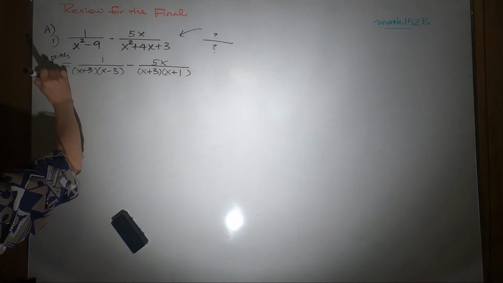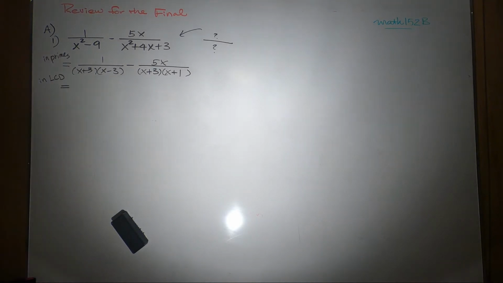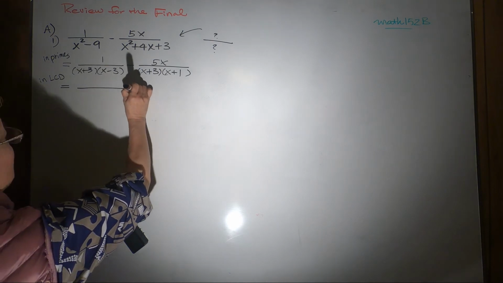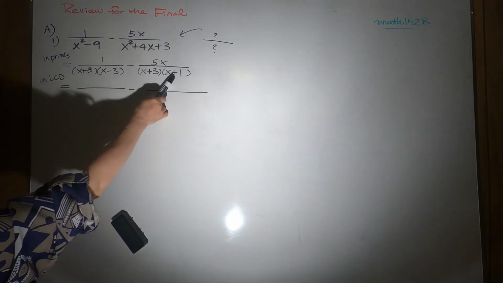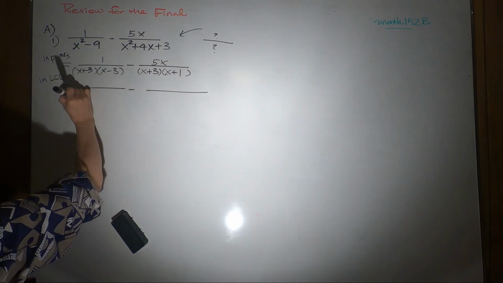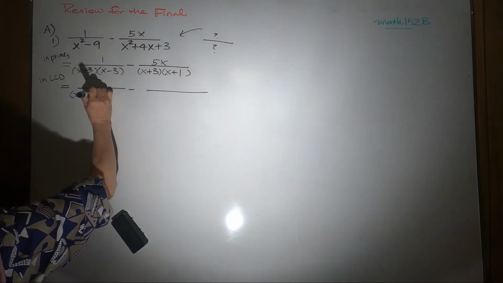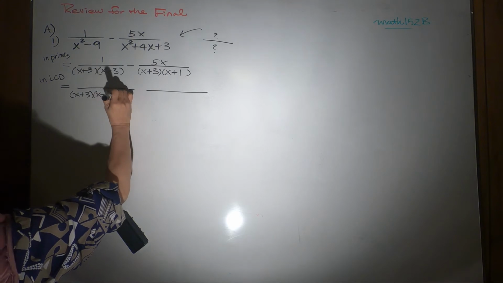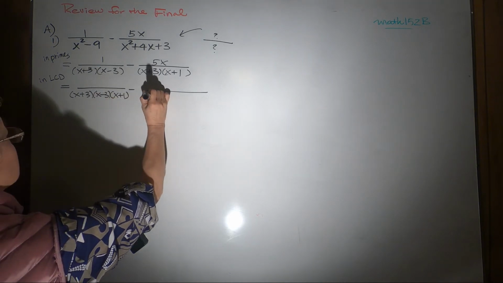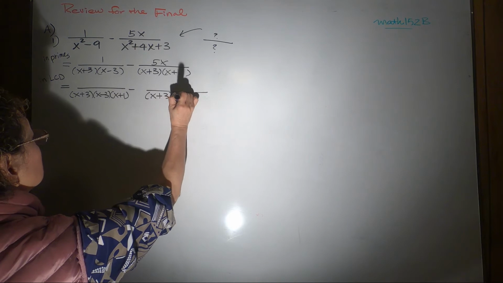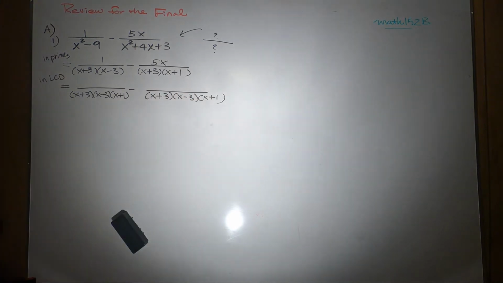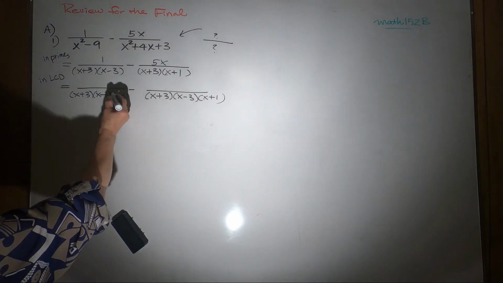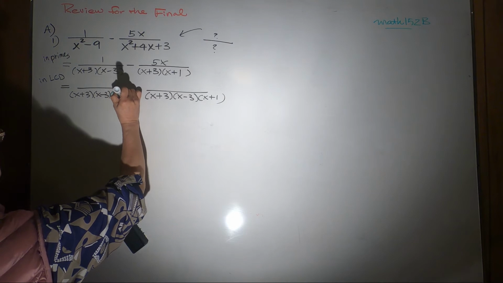Then you have to write it in LCD form. So what should we have? x plus 3, x minus 3, and x plus 1, right? So that's your LCD. Then for this one, what is extra? x plus 1.